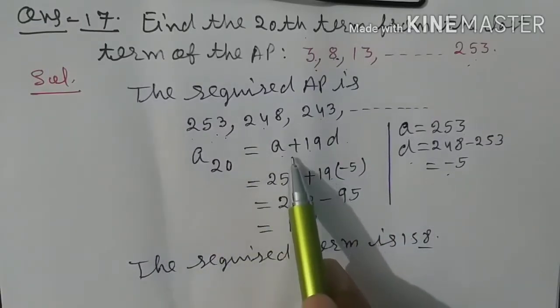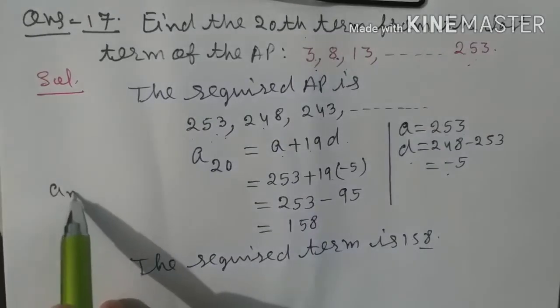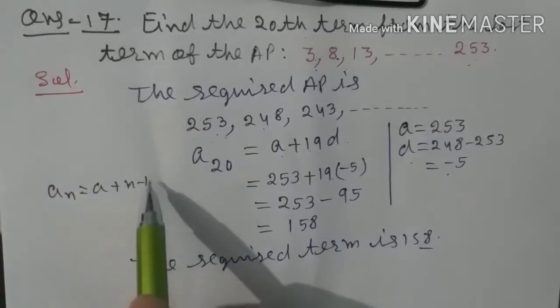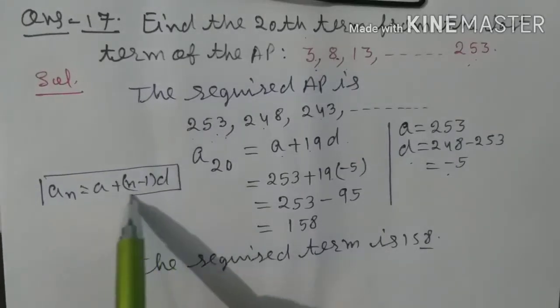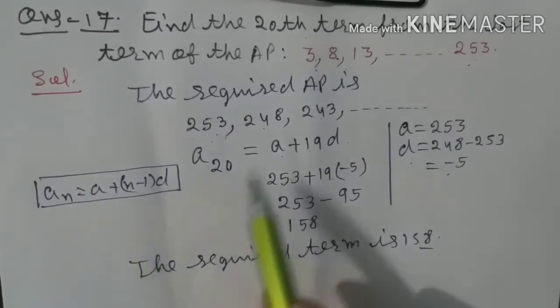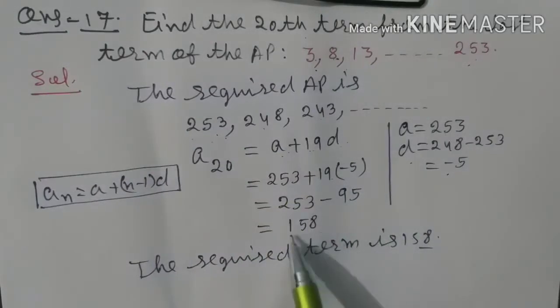Then A20 is equal to A plus 19D, because AN is equal to A plus (N minus 1) into D, the general term of the N-th term. Then A plus 19D gives 158. So the required term is 158. This is your answer.